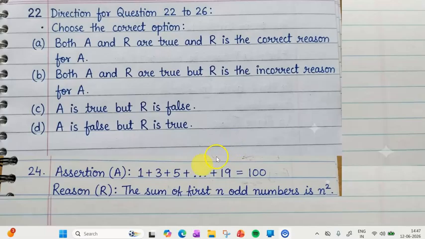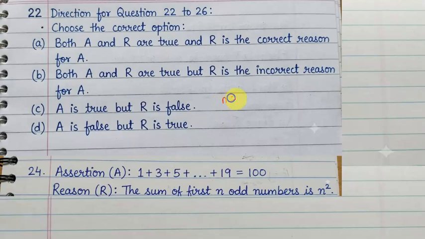Okay. Now next question, assertion A: 1 plus 3 plus 5 plus dash dash plus 19 is equal to 100. And the reason: the sum of first n odd numbers is n square. It is clear that these are odd numbers from 1 to 20, which means the number of odd numbers is 10. And here you can find its sum also. That is S10 is equal to, what is the formula? n upon 2, that is 10 upon 2, first term is 1, last term is 19, 20.